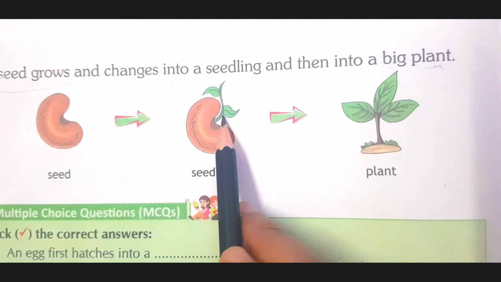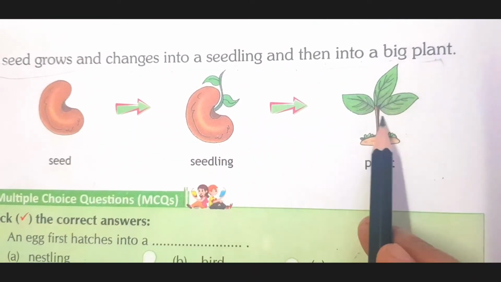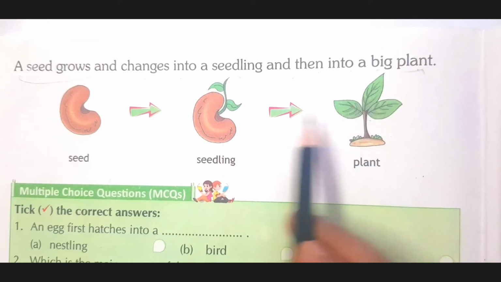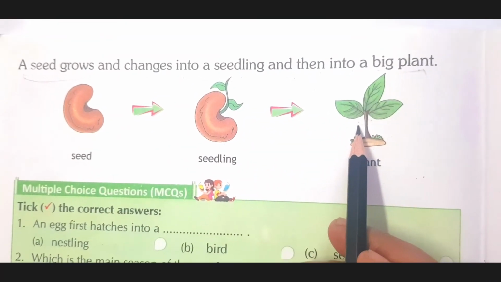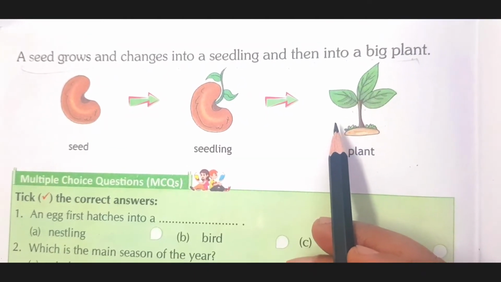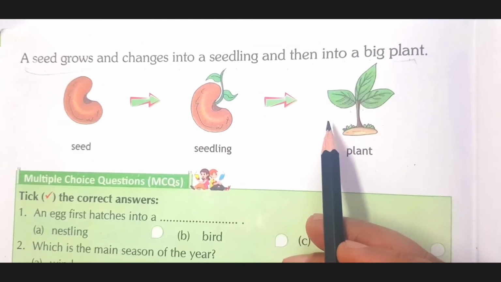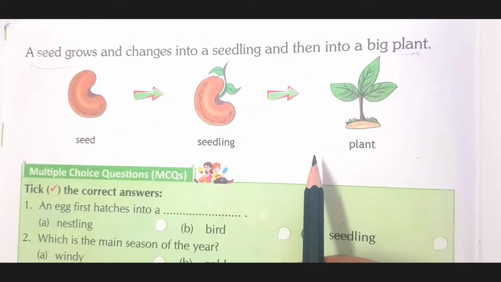And then this seedling will grow into a big plant. The changes in the process of growing of a plant is also a natural change. So understood children? Natural changes, children? It's not done by human. It is being changed naturally.